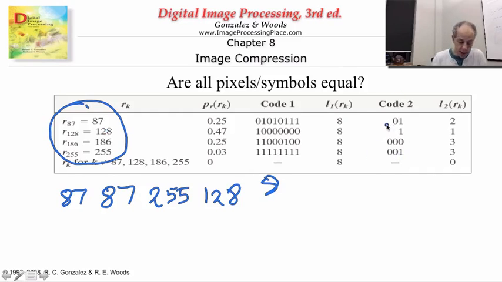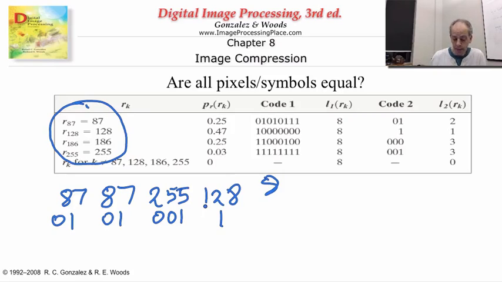I'm going to say, okay, 87 is 01, 87 again, 01, 255 is 001, 128 is 1. So it basically took me 2, 4, 7, 8 bits instead of 32 to represent the same string of gray values.